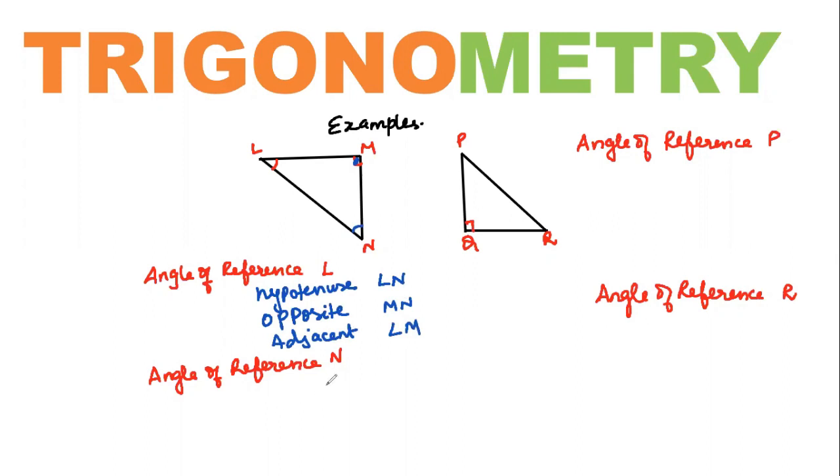Same for the angle of reference N, the hypotenuse will always be the same in a right angle triangle, the side opposite to 90 degrees. It is LN. Opposite will be LM, and adjacent will be MN.